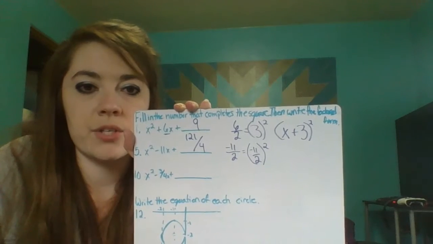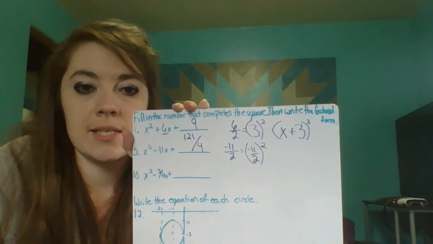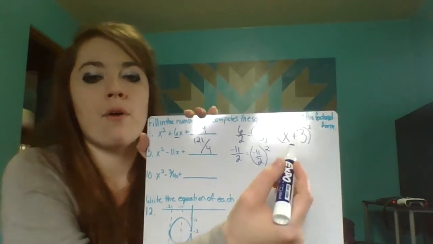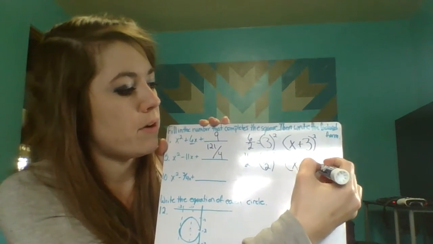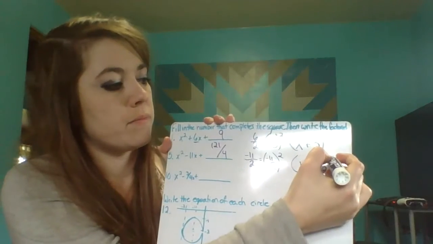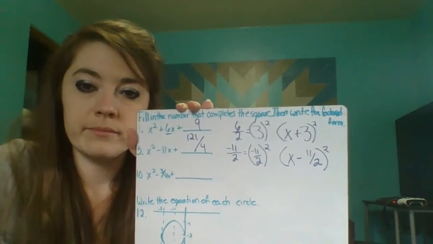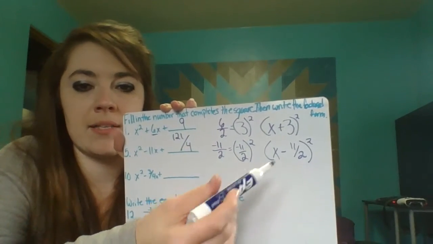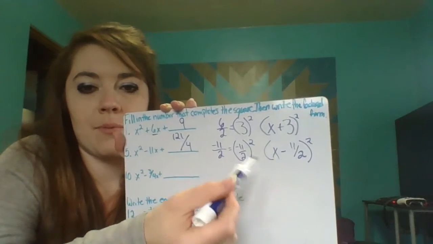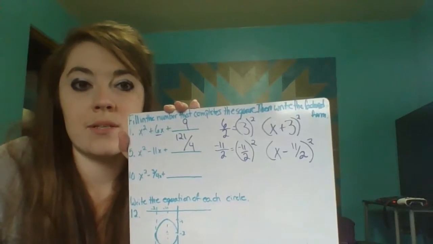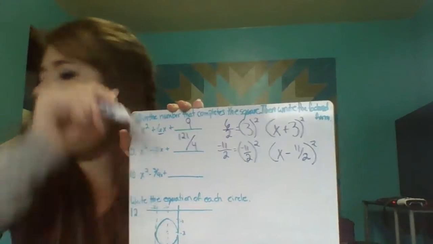It's going to be a fraction. Do not write a decimal under any circumstances. Now, for our factored form, we're going to have x minus 11 over 2 squared. So remember, whatever this number is, that's what's going over here. This was a subtraction, that's why we have that negative or a subtraction sign there.